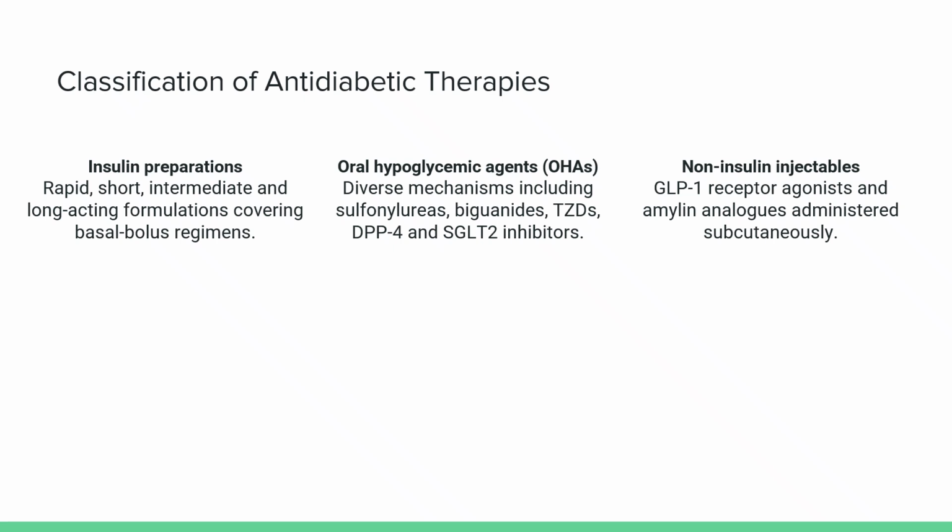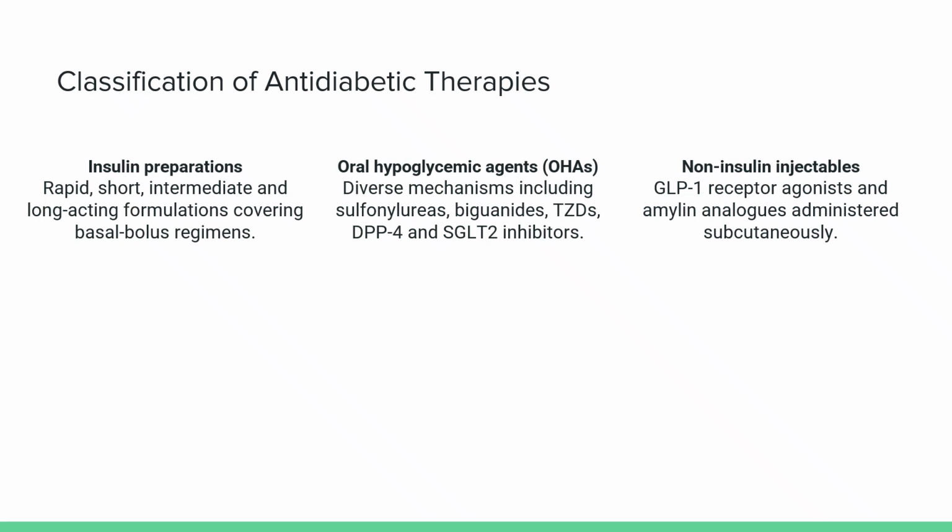So the classification of anti-diabetic therapy is mainly focused on three types. First one is insulin preparation, second one is oral hypoglycemic agents, third one is non-insulin injectables. In the case of insulin preparations, rapid, short, intermediate and long-acting formulations covering basal bolus regimens are included.